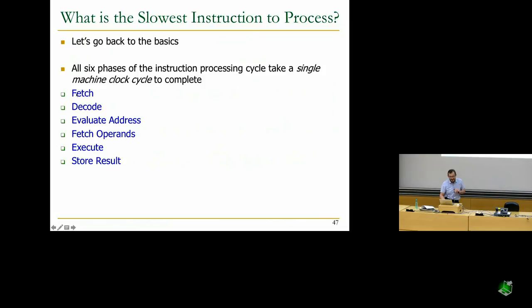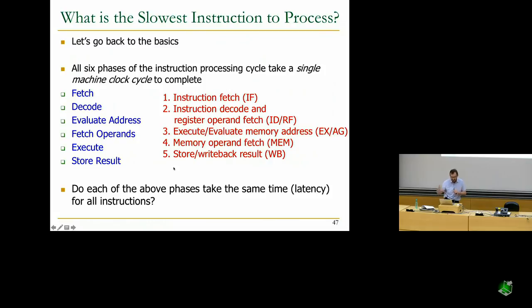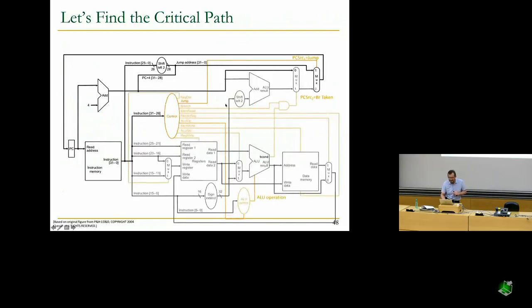Basically, we have 6 phases of the instruction processing cycle, and all of these need to take a single machine clock cycle to complete. I'm going to reduce this to 5 phases to make things simple in our example design. One of the key questions is, do each of the above phases take the same time for all instructions? That's not true, right? So let's find the critical path in this design. I'm going to give you some numbers.